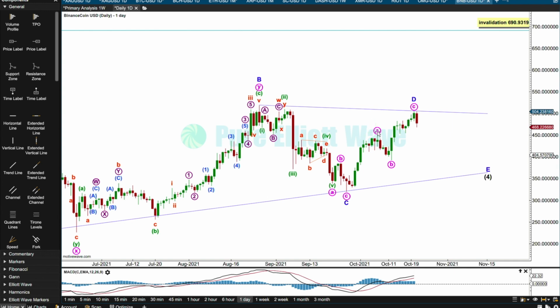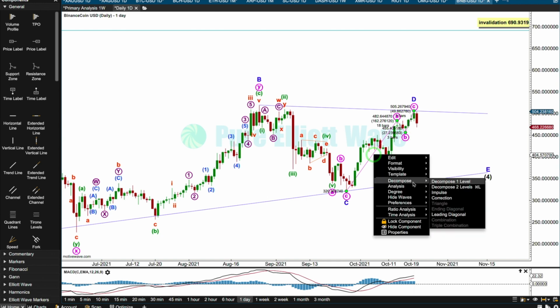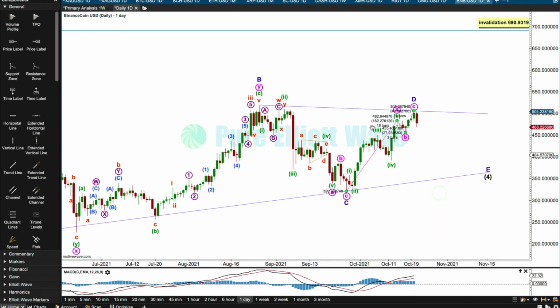Okay, what if A is over here, B is some kind of combination, and then we have, yeah, oh actually that looks pretty good. So minuet 2 ending down here is a zigzag, minuet 4 is an expanded flat. Yeah, that's better. Okay, so E should fall short of the AC trend line.